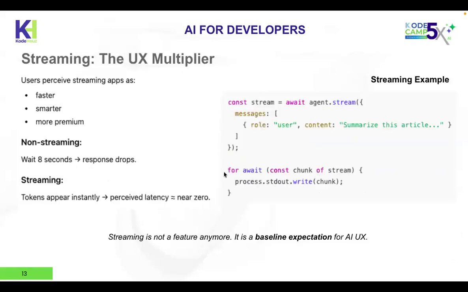Okay. Now, the third thing that really makes Mastra what it is is the streaming part. Like I said, streaming is very, very essential when it comes to AI user experience. You don't want to wait until your model has finished generating before you start sending it to the user.